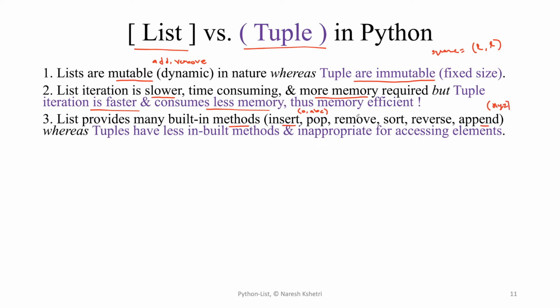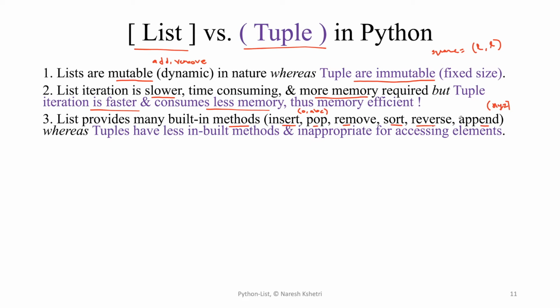And there are other methods. We can pop to remove, or we can remove temporarily or permanently. We can sort the list, we can reverse the list. There are many methods provided by the list.